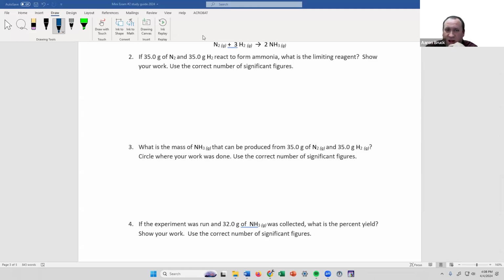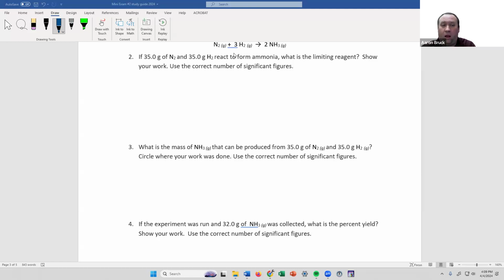They've given us an equation here, the reaction between nitrogen and hydrogen to make ammonia. The question for number 2 is, if 35.0 grams of nitrogen and 35.0 grams of hydrogen react to form ammonia, what is the limiting reactant? Show your work, use the correct number of significant figures.